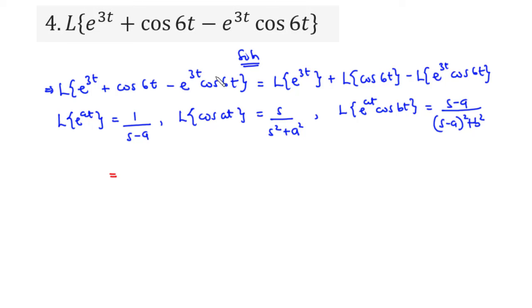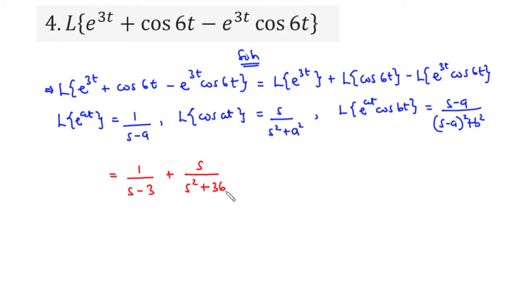So we have the left hand side equal to, now the Laplace transform of e to the power 3t. Comparing to this, you realize that a is equal to 3. Therefore, we are going to have 1 over s minus 3 plus, also comparing this to that, we have a to be 6. Therefore, we are going to have s divided by s squared plus 6 squared, and then 6 squared is 36.